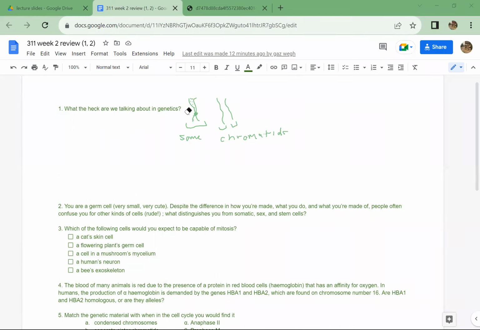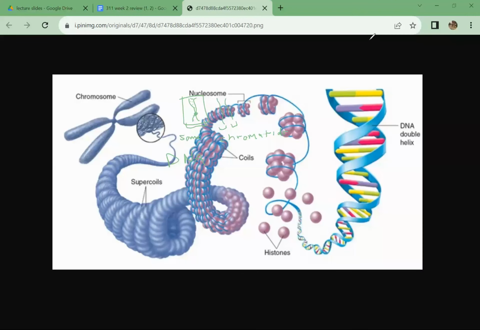But this isn't the simplest part of DNA, because when we think of genes, DNA, obviously, it's in the name. DNA, deoxyribonucleic acid. What we're looking at is this little X here.